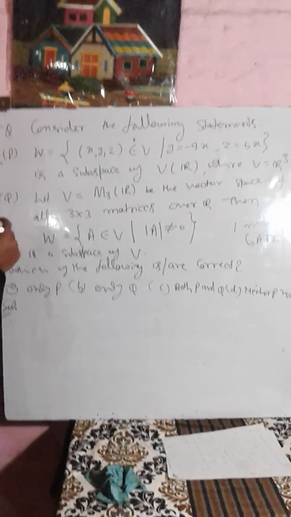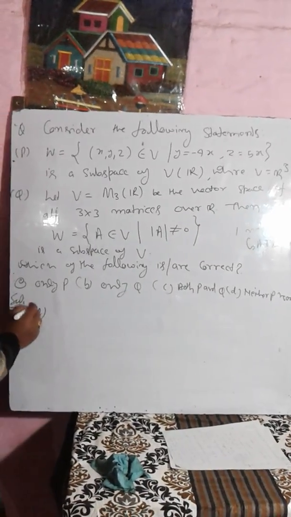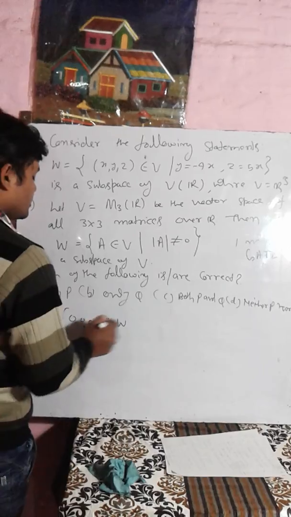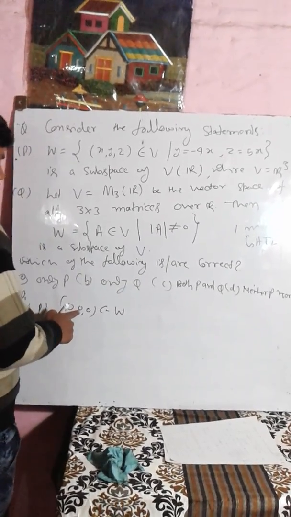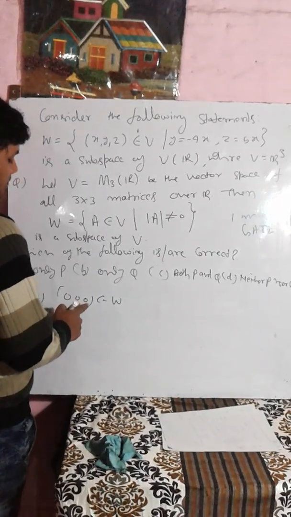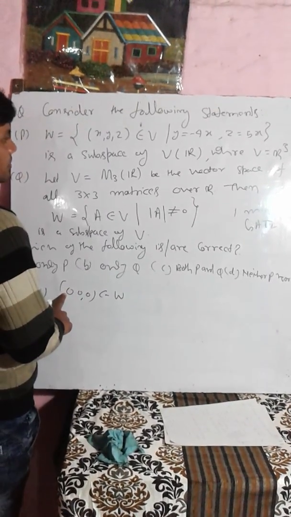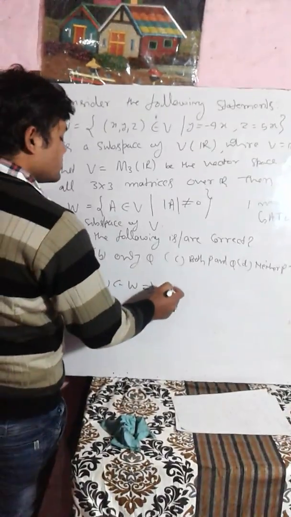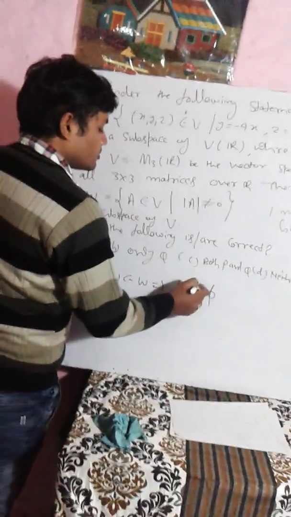For the first one, statement P, clearly (0, 0, 0) belongs to W because the second component is equal to minus 4 times the first component and the third component is equal to 5 times the first component. So clearly (0, 0, 0) belongs to W. This means W is not empty.